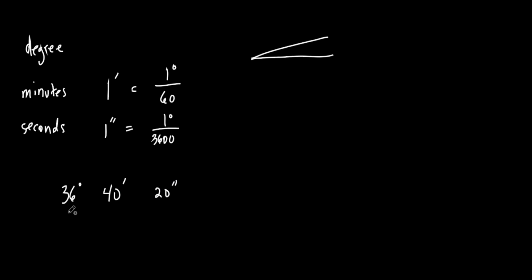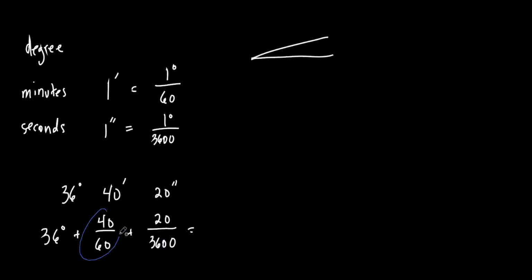I think so. So let's do this. Watch. 36 degrees. Now, how do I change it from minutes to degrees? I would go 40 over what? 60. And I'm going to add these all together. Then I'm going to take the 20. This is in seconds. And I divide it by what? 3,600.